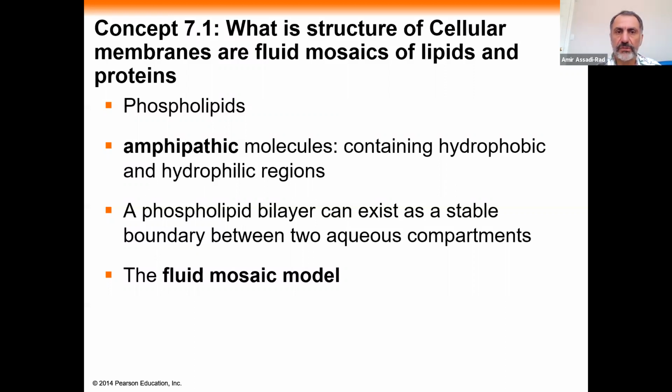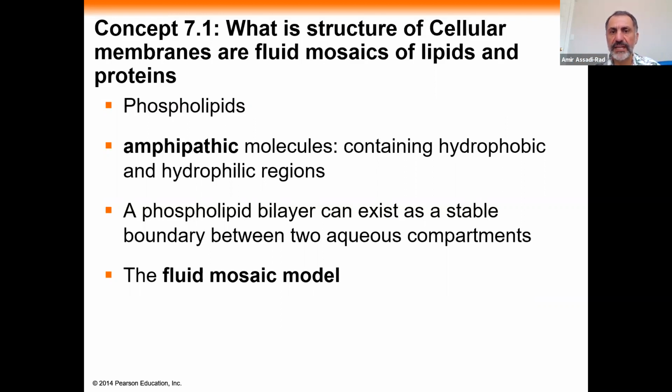So these phospholipids have two ends. One end is hydrophobic, and the other end is hydrophilic. It loves water, this end, and this end does not like water, okay? So it's amphipathic, containing hydrophilic and hydrophobic regions.